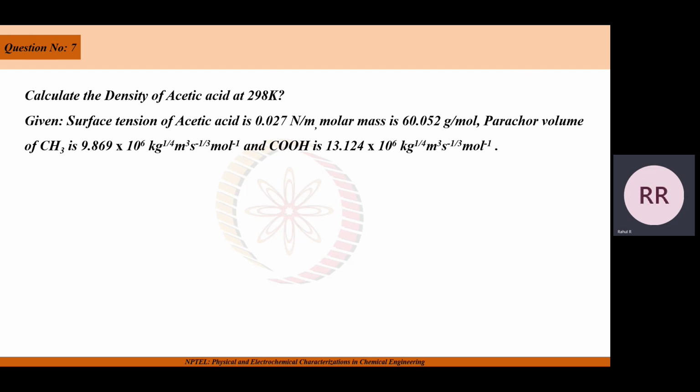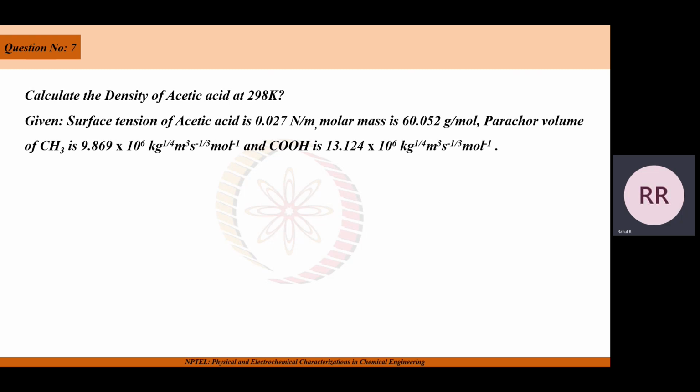Here it is given that the surface tension of acetic acid is 0.027 Newton per meter. Molar mass is 60.052 gram per mole. The parachor volume of CH3 is 9.869 times 10 to the power 6, and COOH is 13.124 times 10 to the power 6.